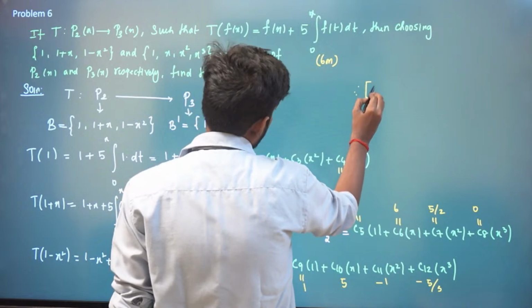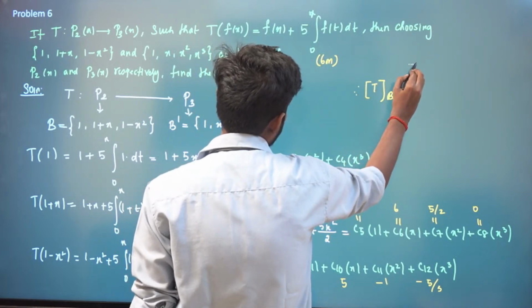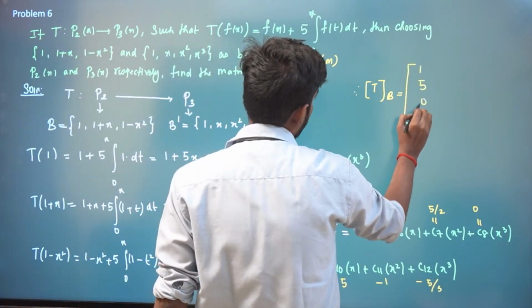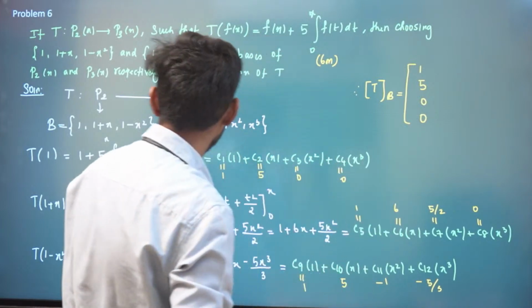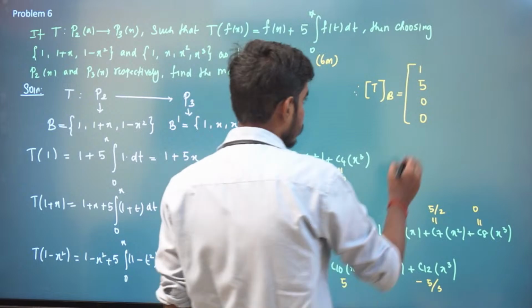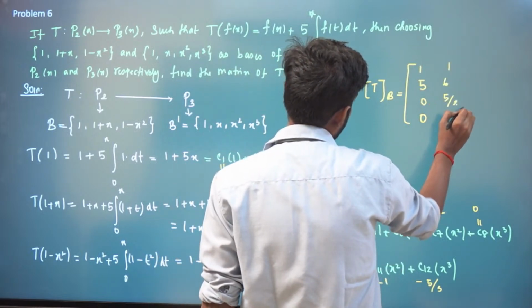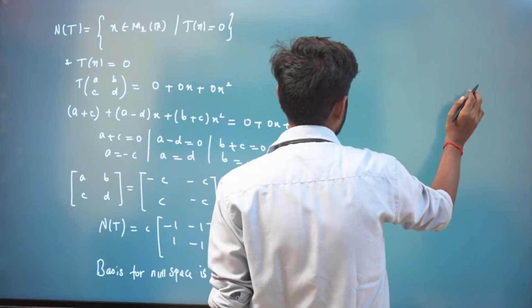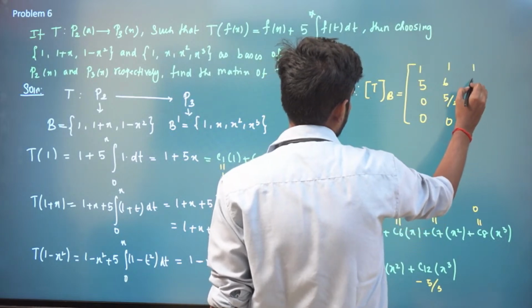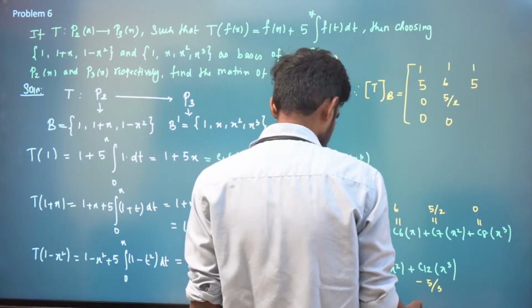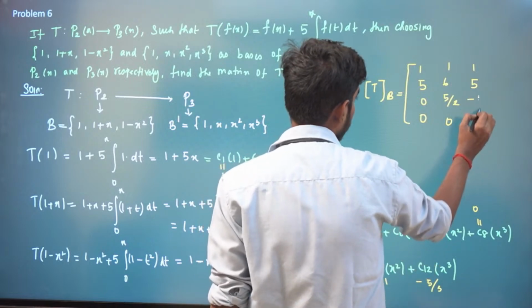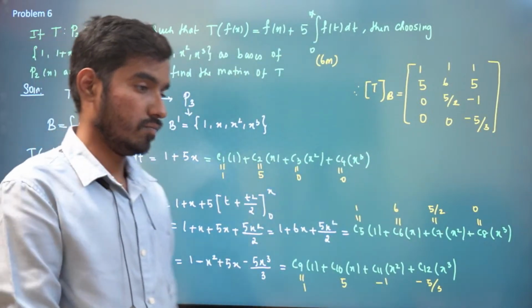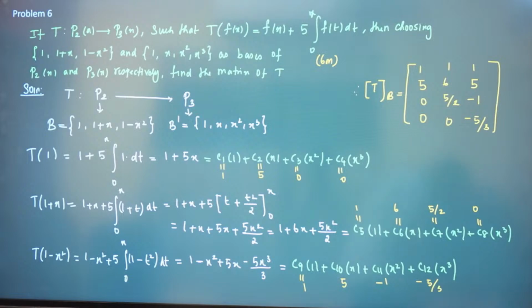So therefore, the matrix of T with respect to the given basis is given by 1, 5, 0, 0; 1, 6, 5 by 2, 0; 1, 5, minus 1, minus 5 by 3. This is the matrix of T with respect to the given basis and with respect to the given operator.